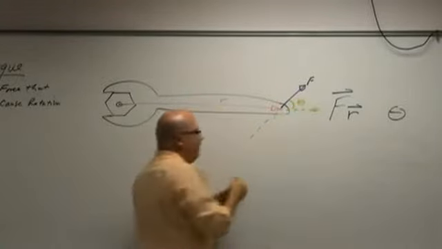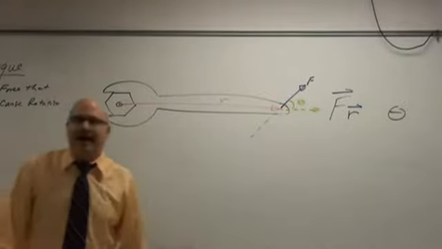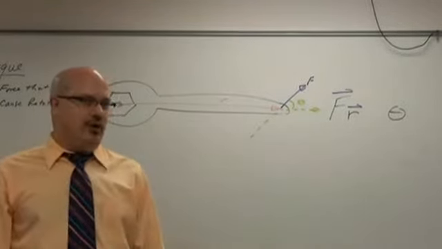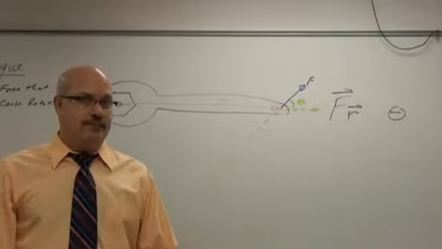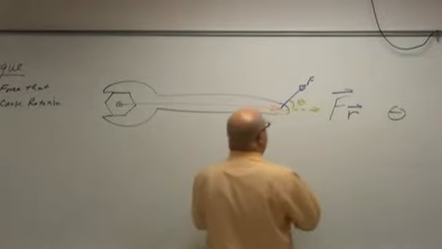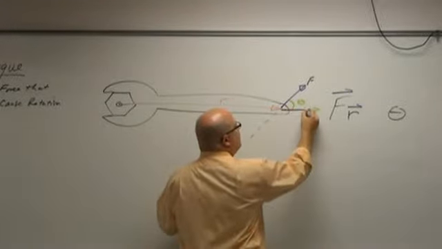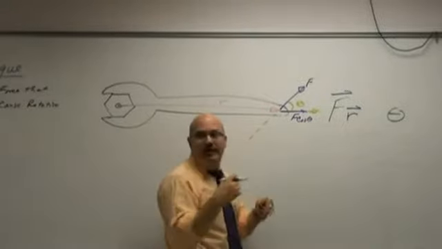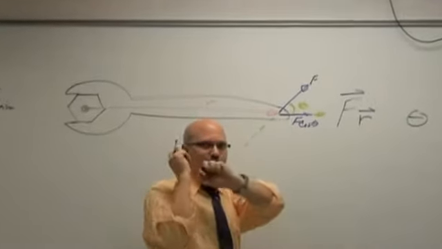So there's theta. The question is, do I want the sine or the cosine? Do I want the sine component or the cosine component? Which one will produce torque? Sine, because the cosine component is down here. This is F cosine theta. That one will not produce torque. It's just going to pull the wrench off.